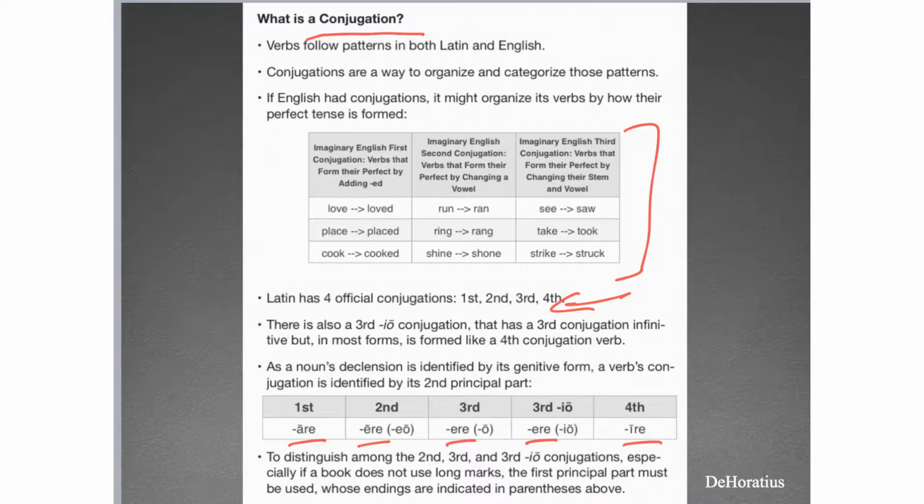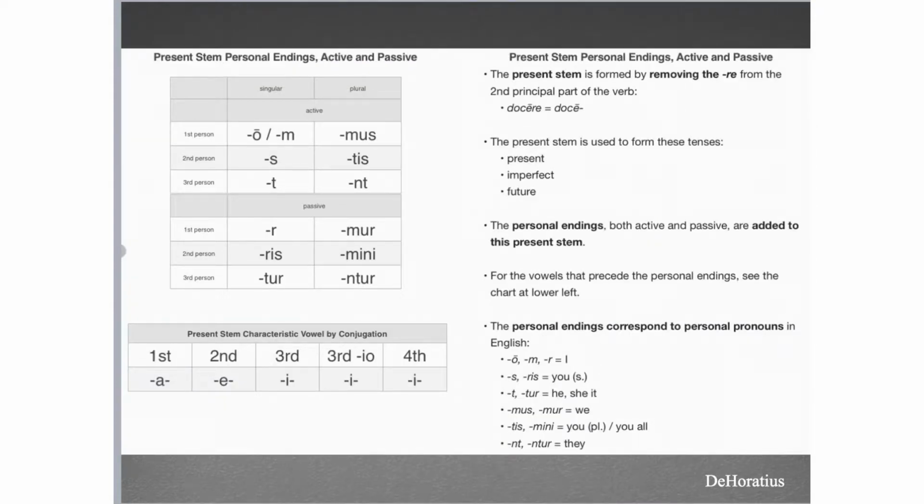But the best way to distinguish among those three is to go to the first principal part. Second conjugation will have EO. Third will have plain old O. Third IO will have IO. So that's your best bet for telling apart those ERE infinitives.